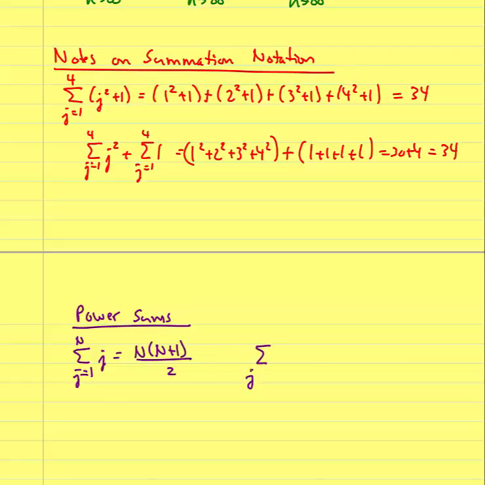Another power formula is the sum from j equal 1 to N of j squared is equal to N. I need to be consistent here and use these cap N's. N times N plus 1 times 2N plus 1 all over 6.